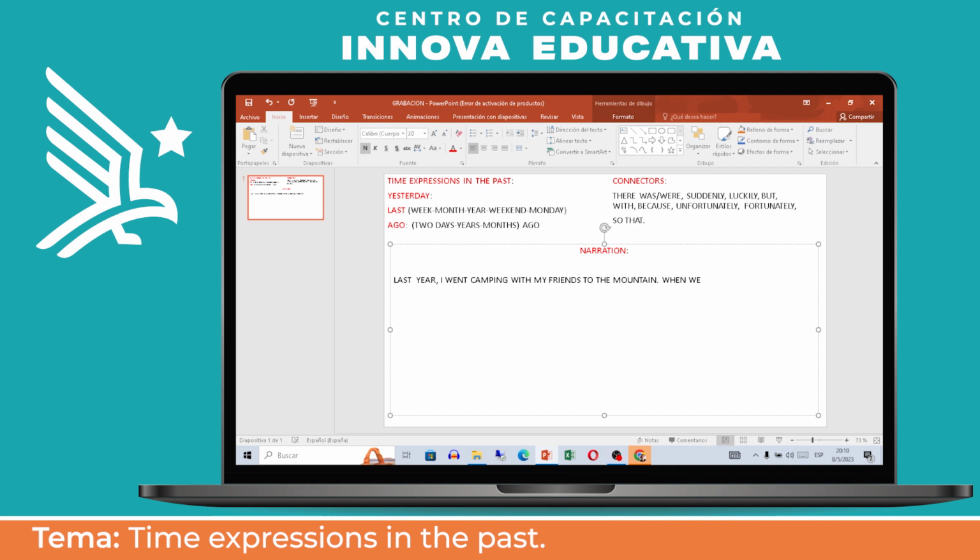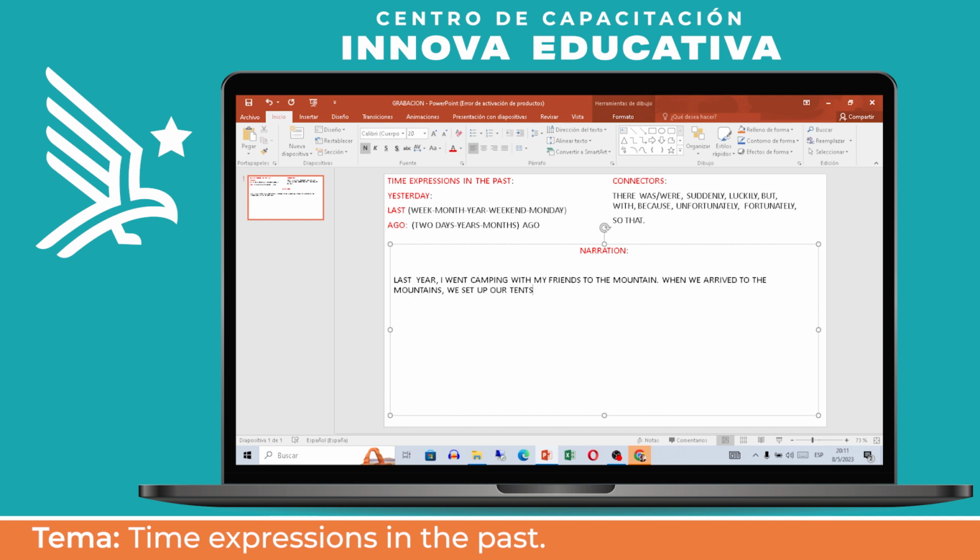When we arrived to the mountains, cuando llegamos a las montañas, we set up our tents.